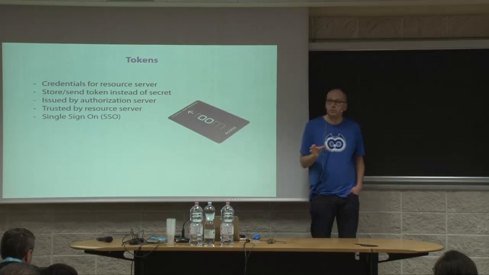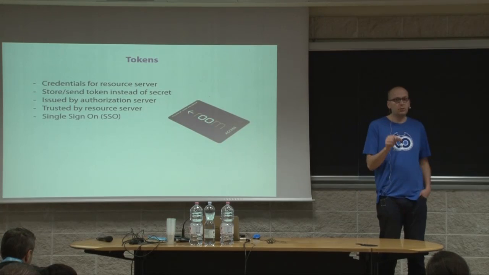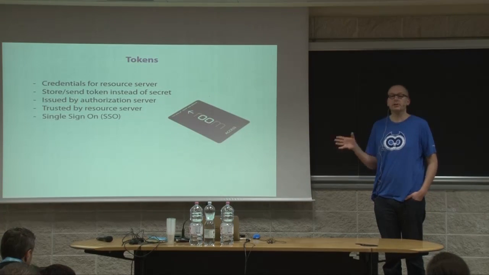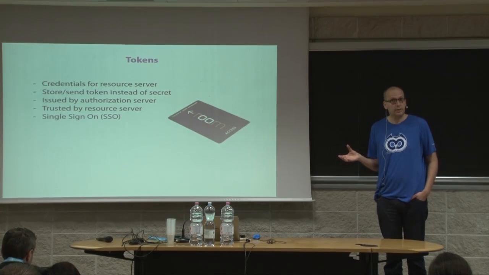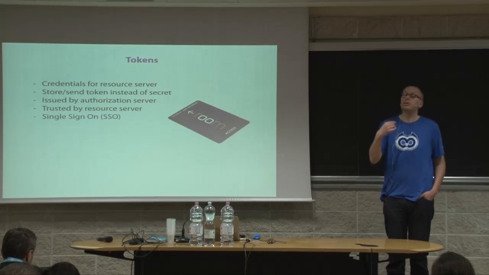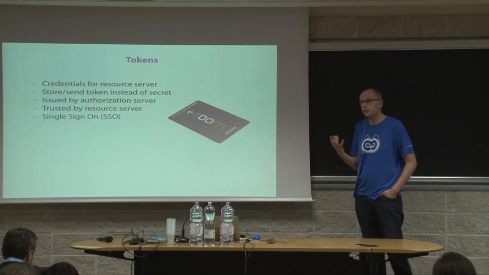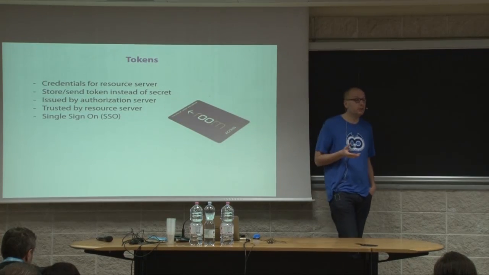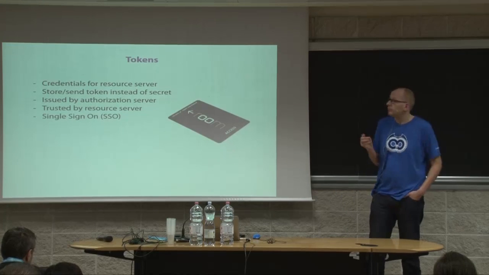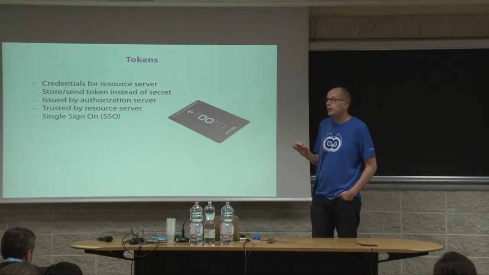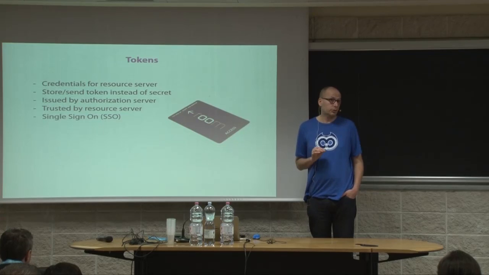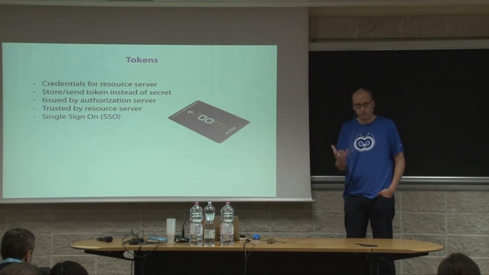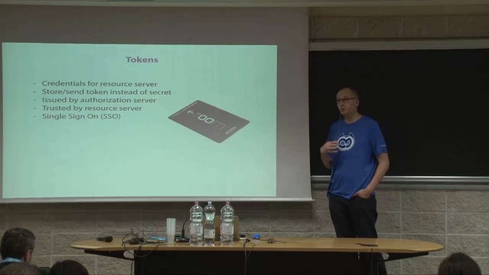And the resource server can validate that this token comes from a certain authorization server, because it's encrypted with a private key. The public key is published, so it knows for sure it is created by a certain authorization server. So that means the Web API trusts the authorization server. On that basis, it decrypts the token. It knows, okay, that's the authorization server, so I trust it.